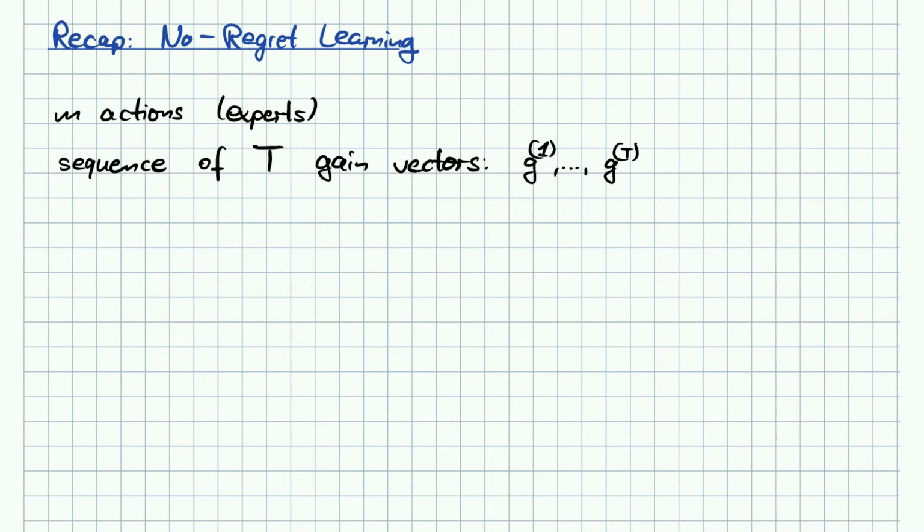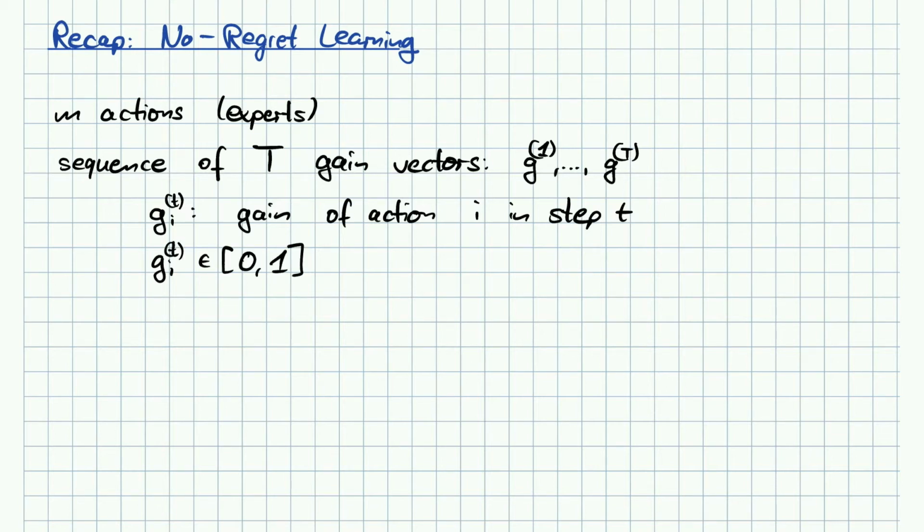So the superscript is the time step, and g_i^t is the gain of action i in step t, and g_i^t is somewhere between 0 and 1. And now in step t the following happens. So we'll have these capital T steps.